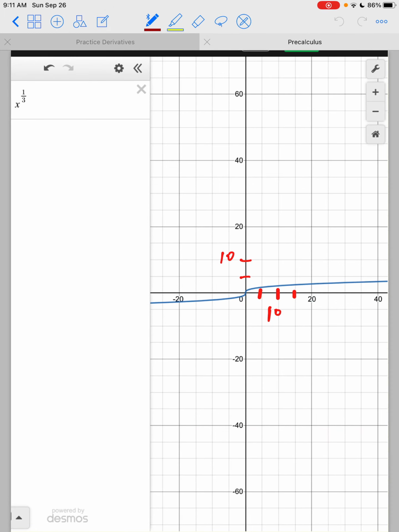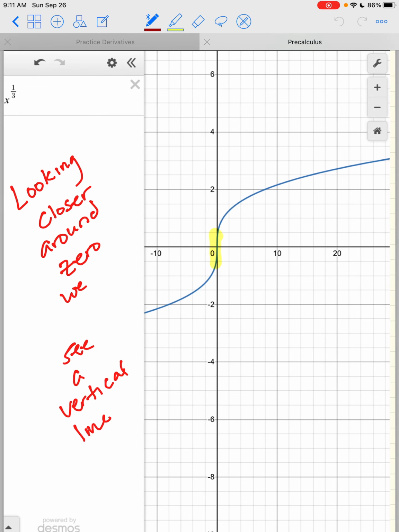And then let me take a look at this. This is increasing all the way through, right? All my slopes are positive, except for at 0. I'm going to show you something here.